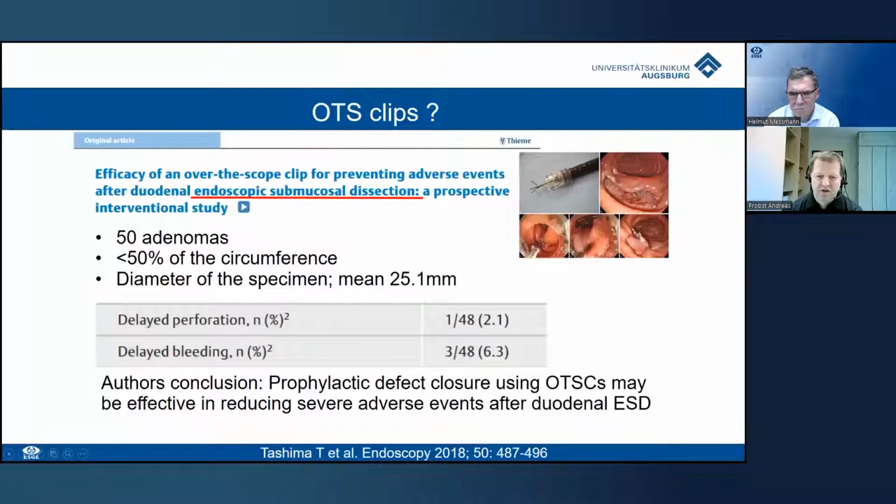Next slide, please. Closure of the resection ulcer using OTS clips. And also this data are after ESD. And also this data show a very low rate of delayed complications.